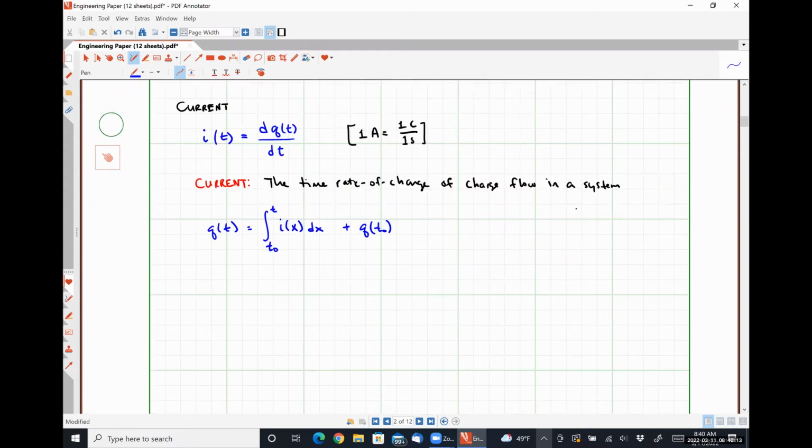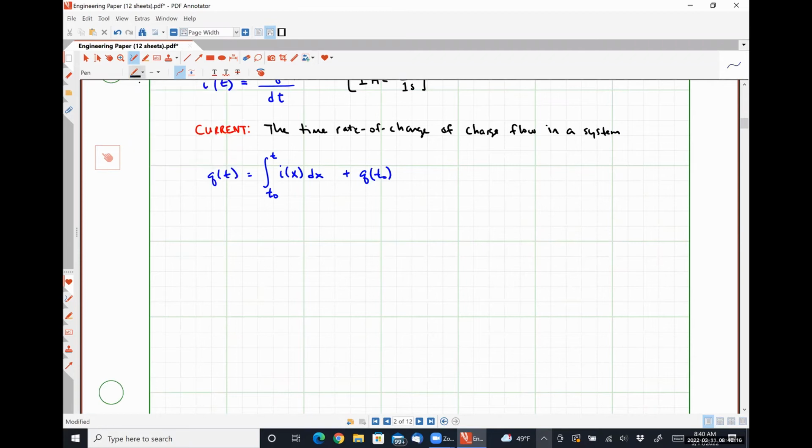So if we have a current I of t, where t is measured in seconds and current is measured in amps, and we have a current waveform that looks something like this, call this 3 seconds, and this 5 seconds.